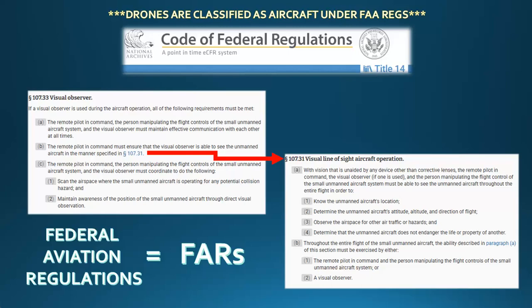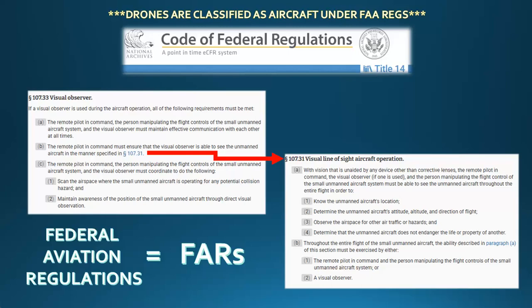And then that's when the visual observer comes into play, where they have to be the one that can see it. So this type of handoff needs to be pre-planned, and then it needs to be constantly communicated. And the remote piloting command has to know that the visual observer maintains the sight if they're flying under a waiver where the pilot no longer has to see it. So pretty common sense approach.